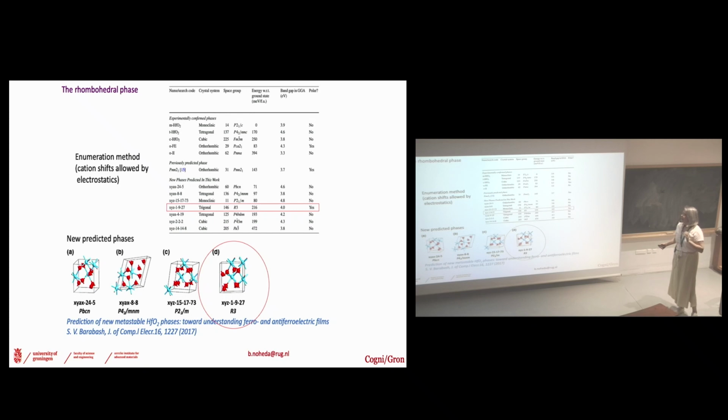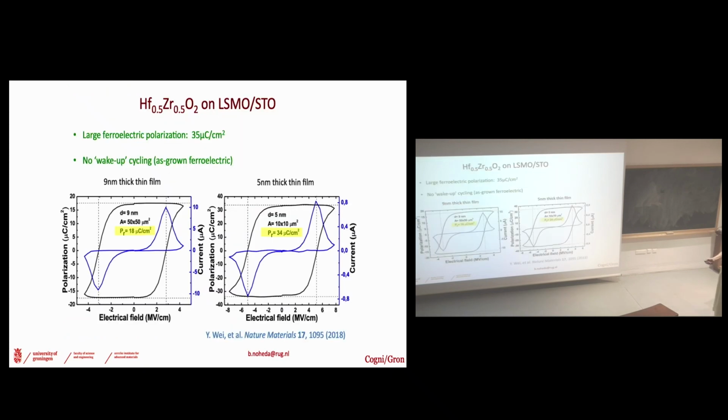Actually, these rhombohedral phases are predicted by theory. It is possible to stabilize a rhombohedral phase, but it's higher in energy than the orthorhombic phase. So it's not impossible. What is interesting is that the very thin films had a very nice, quite high polarization. We didn't need any wake-up cycling.